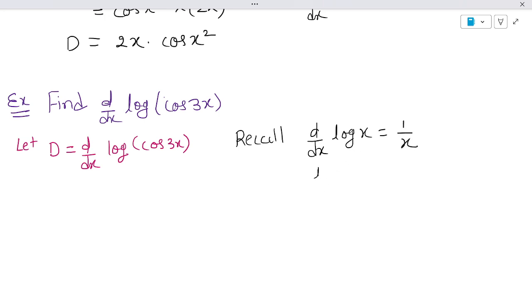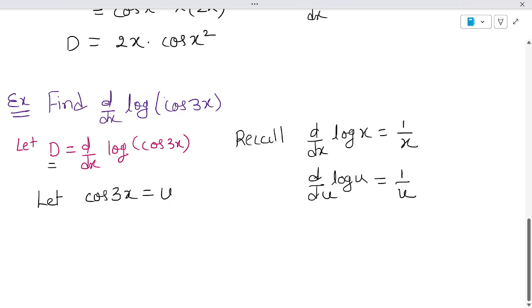Similarly, derivative of log of u with respect to u, ये हो जाएगा 1 by u. So to solve this d, let us substitute this cos of 3x is equal to u.